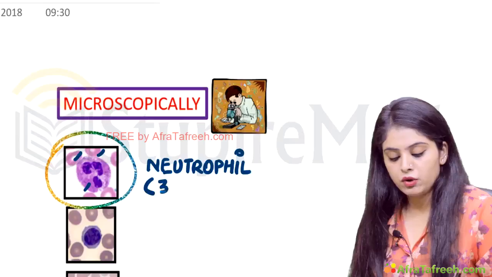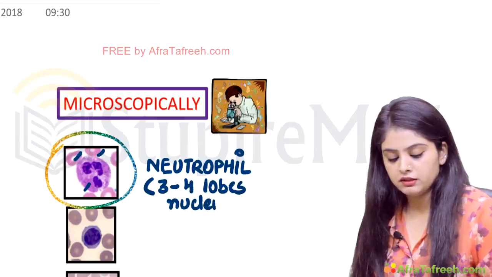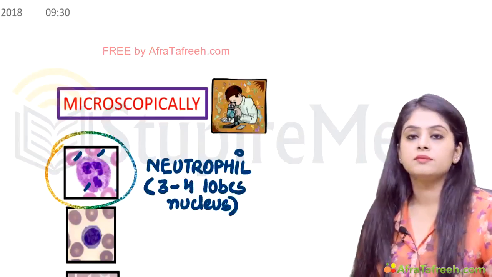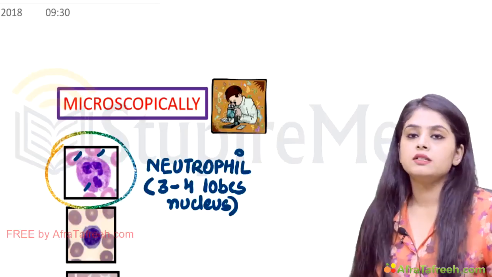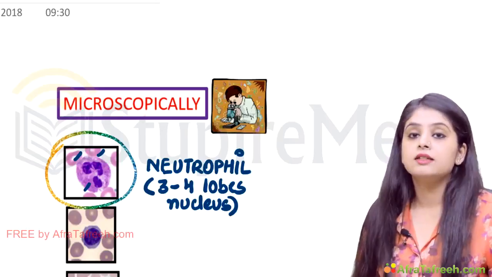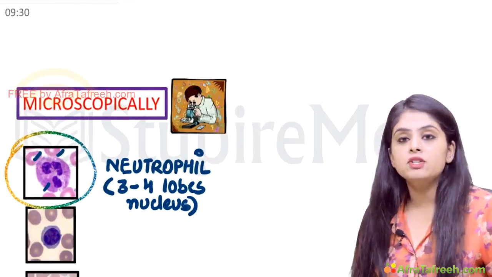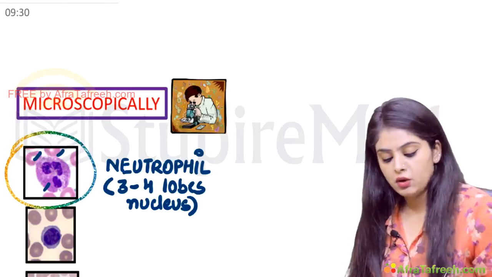Neutrophil is going to show on an average 3 to 4 lobes in the nucleus. Correct? One question that you've already done, neutrophil is a cell of which inflammation? Correct. Acute inflammation.